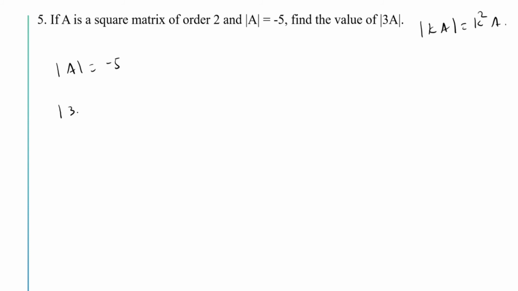Determinant of 3A will be equal to 3 square into determinant of A. So this is equal to 9 into minus 5, which is minus 45.